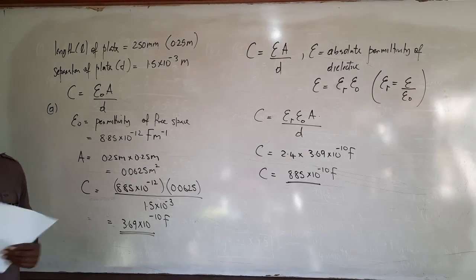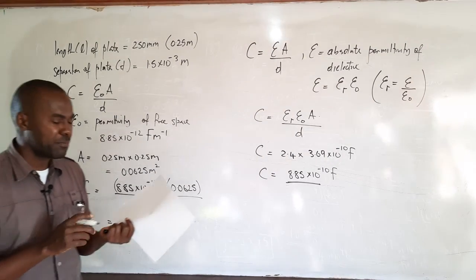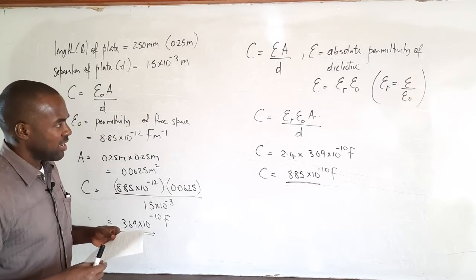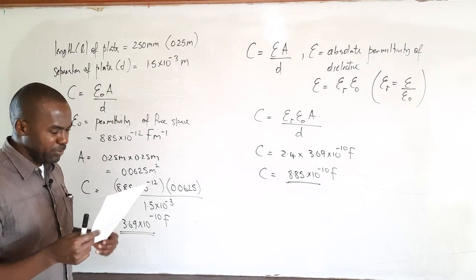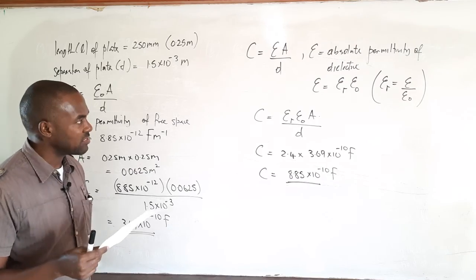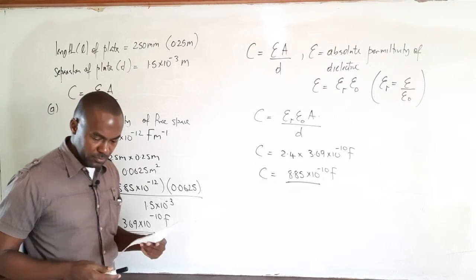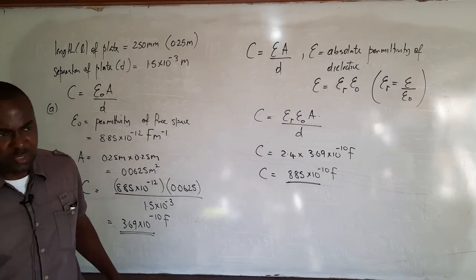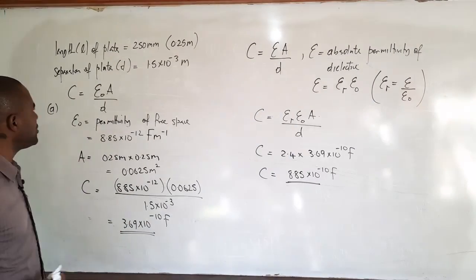So with a dielectric of relative permittivity 2.4 between the plates of the capacitor, the capacitance has increased to 8.85 times 10 to the minus 10 farads. Now that was question 2 from our worksheet.